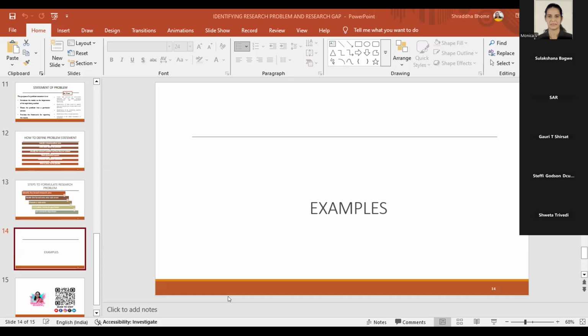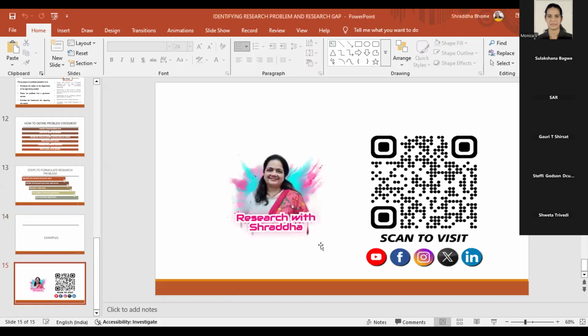So this is how every individual, every researcher should see how we should frame the research problem statement, where it should come from, and how we should do the review of literature.